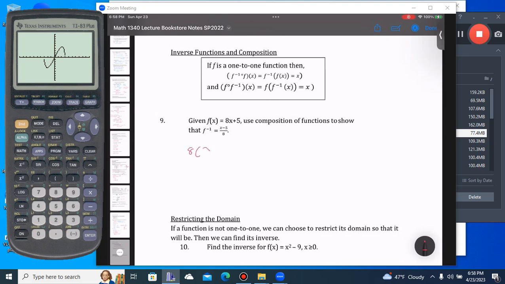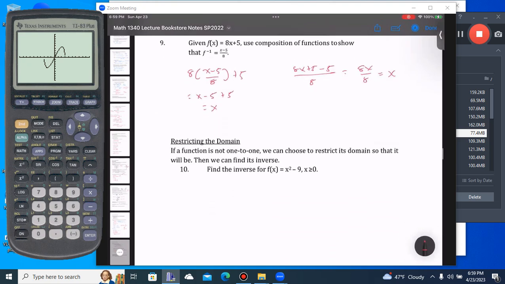To show that, we can plug these in. The 8's going to divide out. You get x minus 5 plus 5, which equals x. And if we go the other way with this, 8x plus 5 minus 5 over 8, that's 8x over 8, which is x.